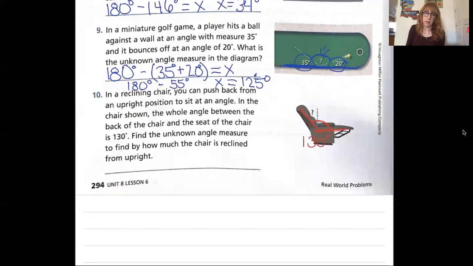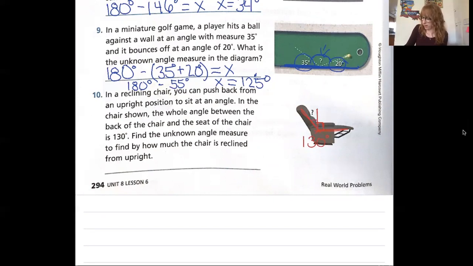Now, they want us to find the unknown angle measure, by how much the chair is reclined from upright. If we look closely, there is this dotted line here, and they give us a hint. So from upright at 90 degrees to backwards is where we want to find this small acute angle.